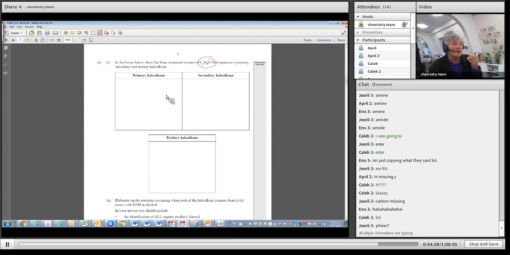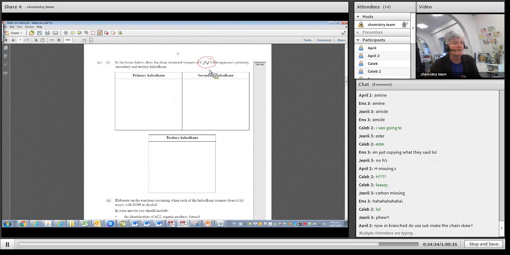Or draw 2 which have different functional groups. Now obviously this one will only allow you to have one functional group, because it's Cl.